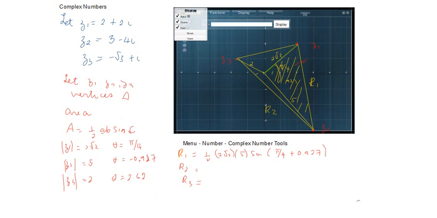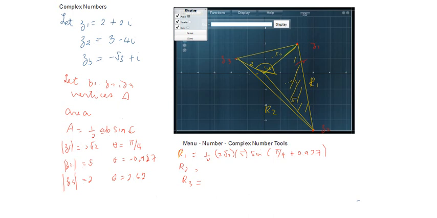Let me erase some to give space. So this one is 2.62.